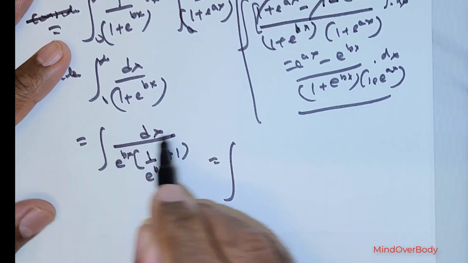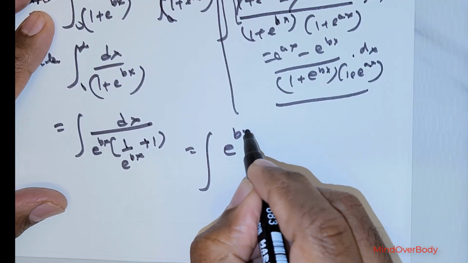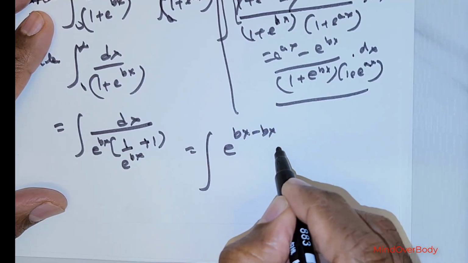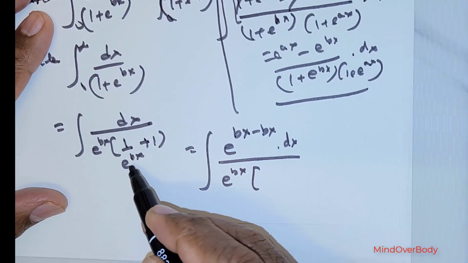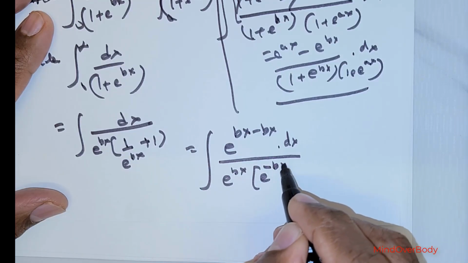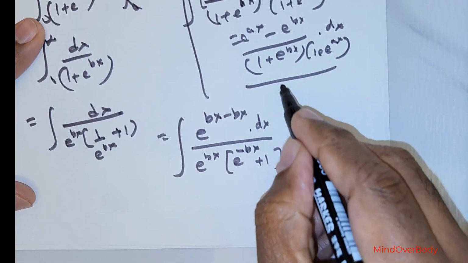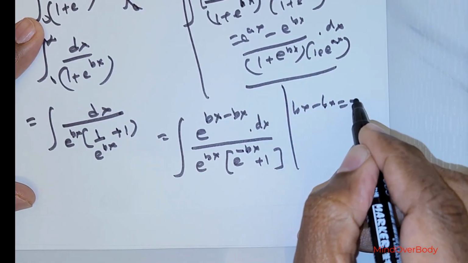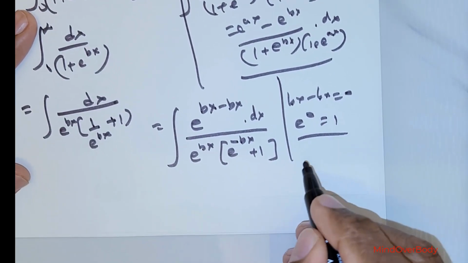Now in the numerator we do not have any bx, so I'm going to rewrite this as e^(bx - bx) dx divided by e^(bx) times (e^(-bx) + 1). Now bx minus bx is 0, so e^0 is going to be 1, so there's no harm done there.